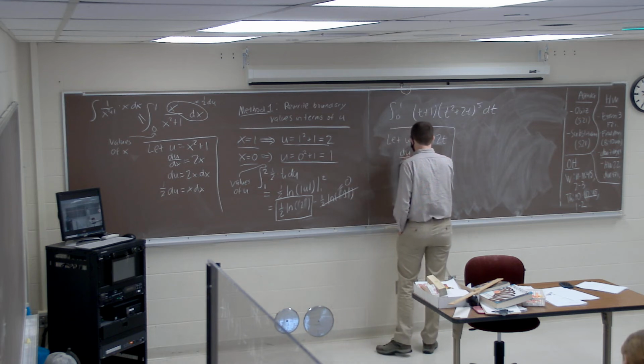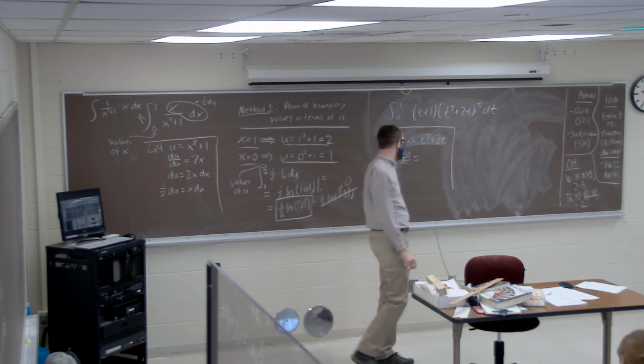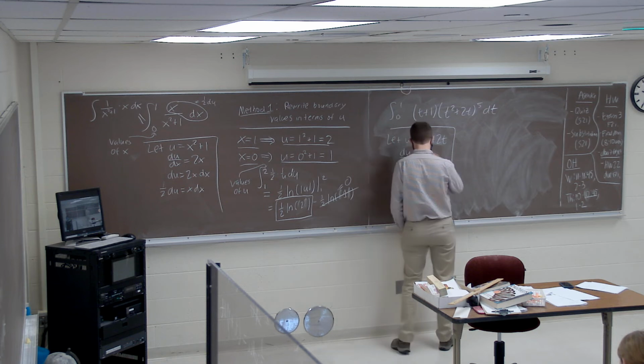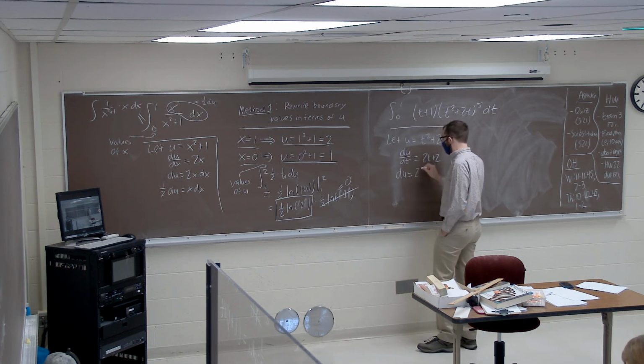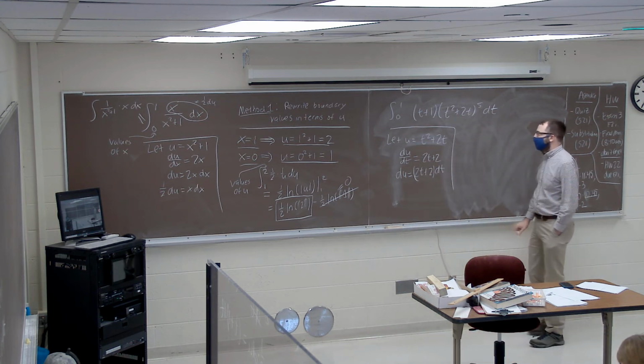All right, so what would du/dt be here? 2t plus 2, according to the power rule, which means du is going to be 2t plus 2 dt.